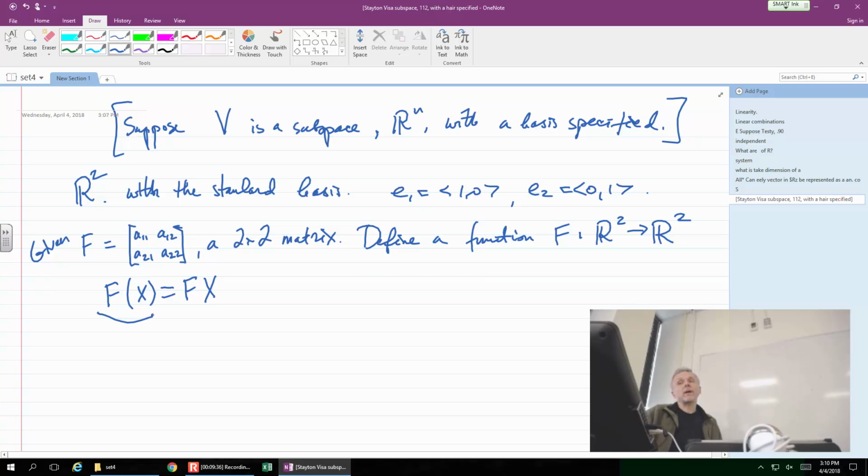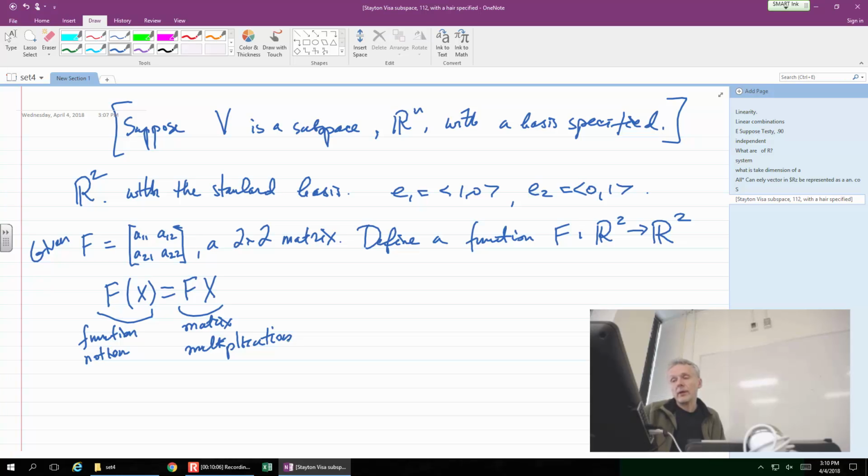This is a function notation, meaning that F stands for the name of the function, and then in parentheses you have the input, x, which happens to be a vector on the plane. On the right, this is matrix multiplication. Okay, so far it's just a function.